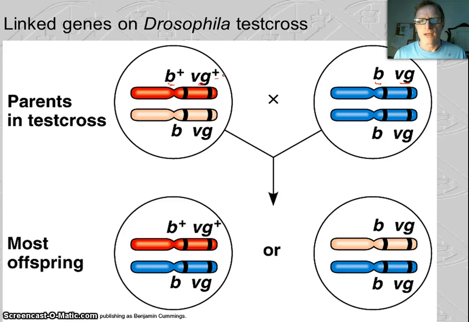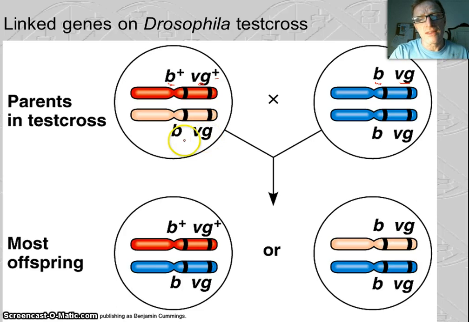So when he crossed two of these individuals, obviously, if you cross a homozygous for the dominant wild type to these recessive conditions, you get all individuals that show the dominant. So that's what this individual was. This one is heterozygous. It's expressing the dominant, but it's carrying the recessive black and vestigial.